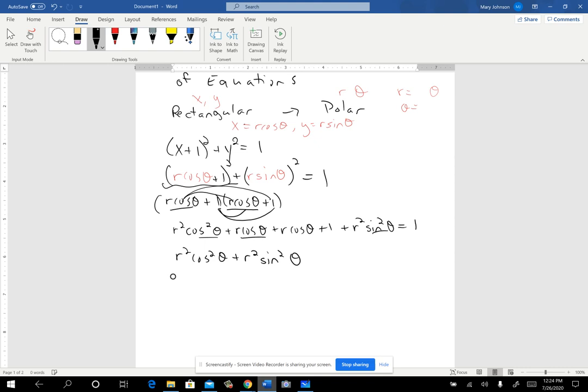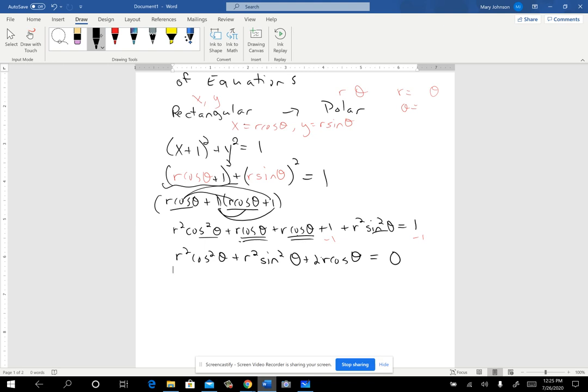Then I notice these are like terms. I have one of these, another one of these, so I have 2 of them, I meant that to be plus 2r cosine theta. And then the 1 could just be subtracted from both sides, and I'd have equals 0.